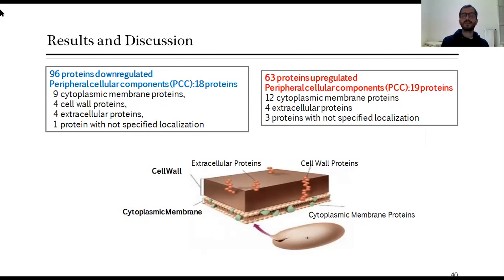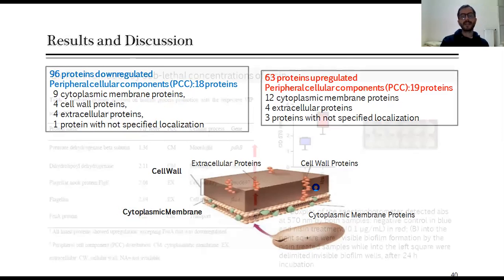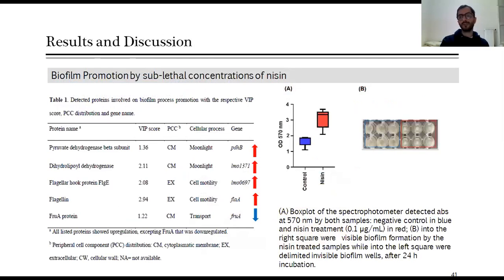We consider as peripheral cellular component all the proteins coming from the cell wall and the cytoplasmic membrane compartment. Also in this case, two main processes were detected.